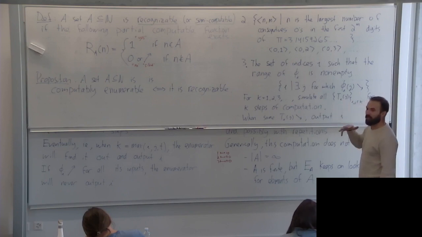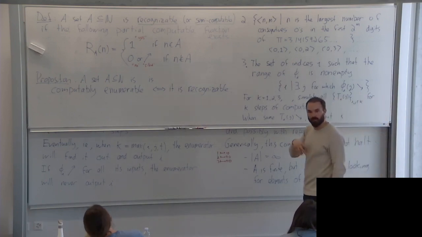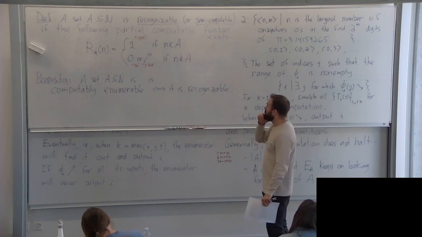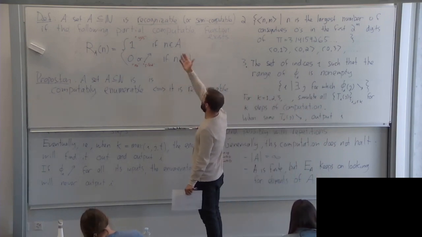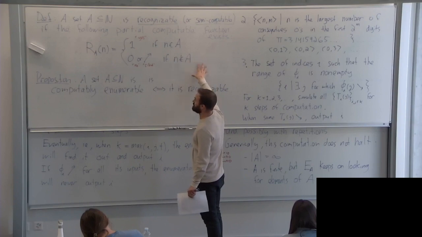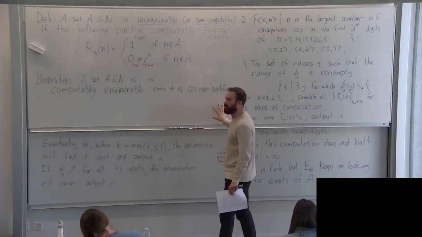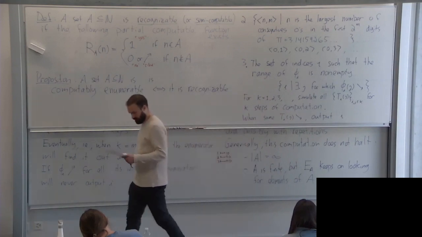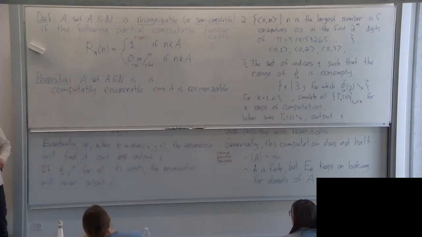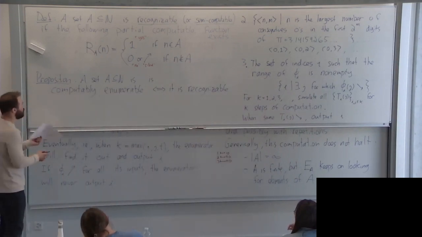Okay, so we built this notion of enumerators. A set can be enumerated by a Turing machine. Now there's also this notion of recognizers, or the notion of recognizability or semi-computability. These two notions are equivalent. Perfect.